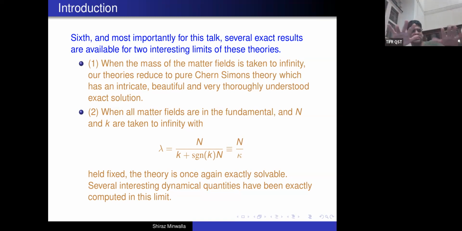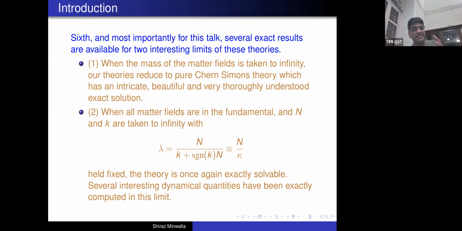All degrees of freedom in pure Chern-Simons theory live either at boundaries or are associated with topology. This solution of Chern-Simons theory, 30 years old, has had lots of interesting mathematics associated with it, also interesting physics, particularly in its interplay with two-dimensional conformal field theories.